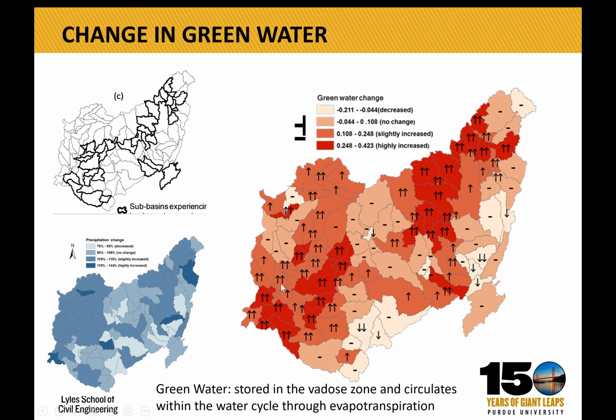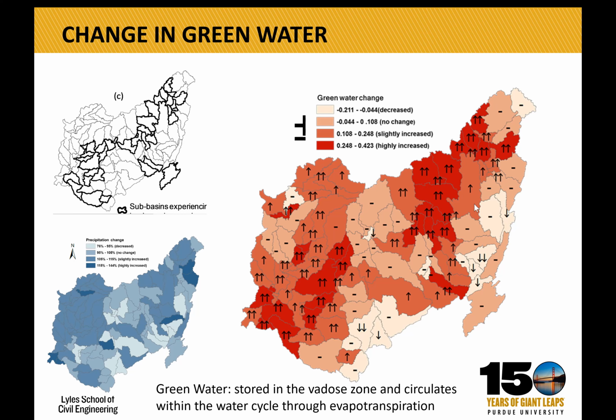In the lower region also we have increased groundwater, and in the middle region there is no significant change in green water availability. And this is driven by the land use change. So if you remember the land use map I showed you earlier, there is increased forestation in this part of the basin, and this part is driven by the dynamics of both land use and climate.